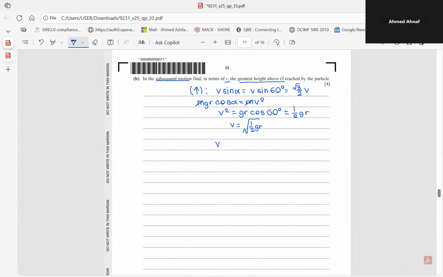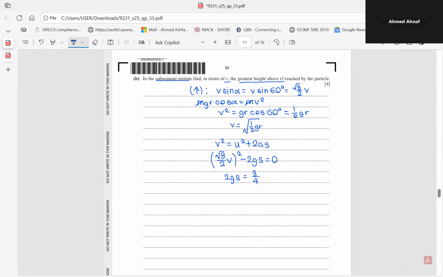So let's write it down. u squared is the initial vertical velocity, so that is just (square root 3 over 2 times v) all squared. And then a is minus g, so minus 2gs equals 0. Then 2gs we can equate to 3 over 4 v squared.